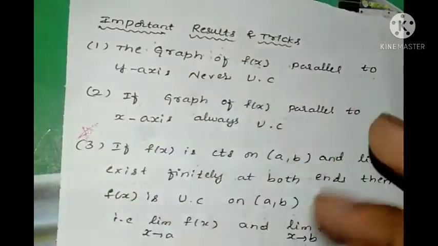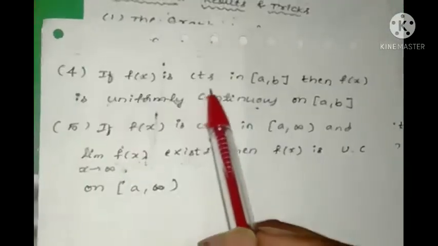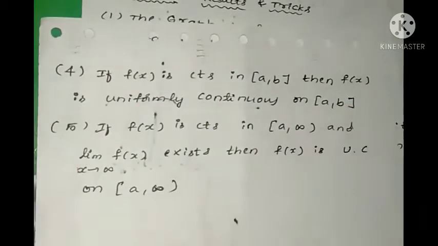And we take another point. The fourth point is, if f of x is continuous on the closed interval [a, b], then we have to observe one main important point: the necessary condition for uniform continuity is that the function is continuous.